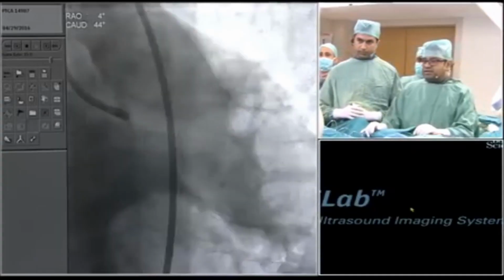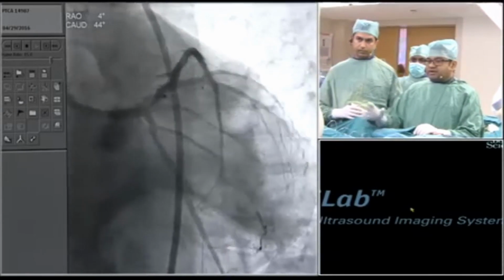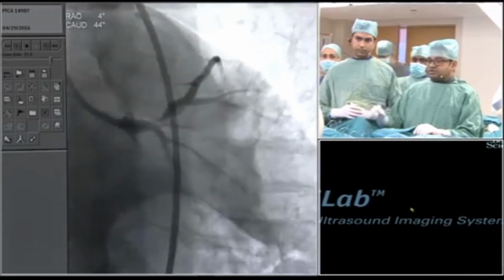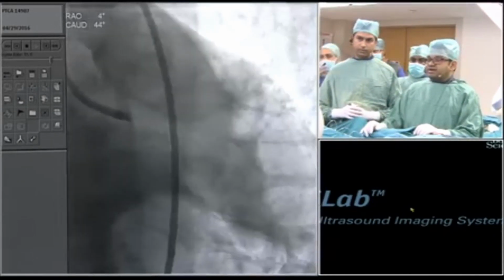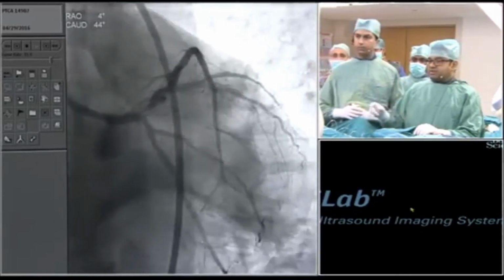So this is the patient who had recurrent angina. In fact, he had to take 20 tablets of sublingual nitrates while he was coming to the hospital. And can we show yesterday's angiogram?